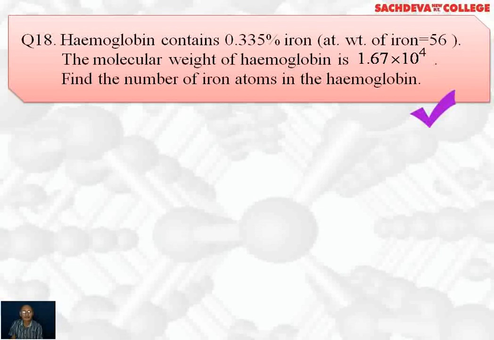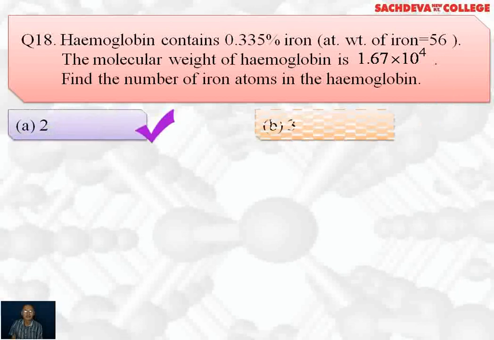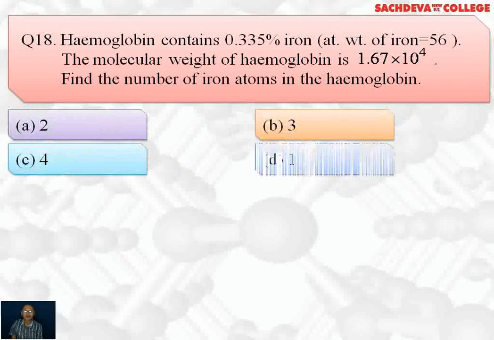Hemoglobin contains 0.335% iron. Atomic weight of iron 56. The molecular weight of hemoglobin is 1.67 into 10 power 4. Find the number of iron atoms in hemoglobin. The options are 2, 3, 4 and 1.